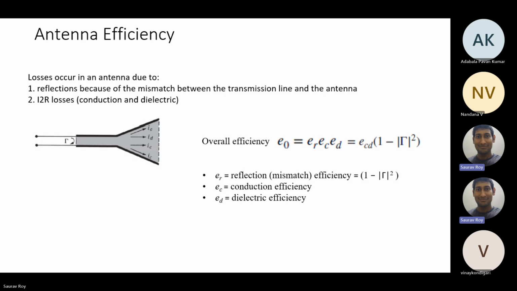If you give some power, gamma square will be the reflected power, and that's why 1 minus gamma square is the actual power accepted by the antenna. That's why it's given as reflection efficiency, 1 minus gamma square.